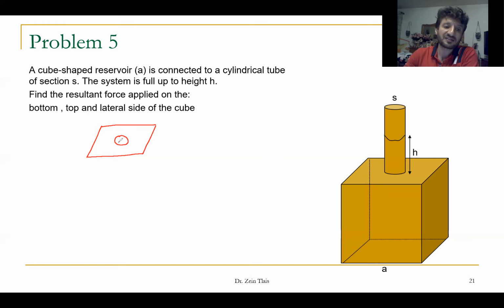The small hole has a surface equal to small s, and the total one has area a squared. I need to calculate the force applied by the water on this plane. Here, the applied force will be only on this area.